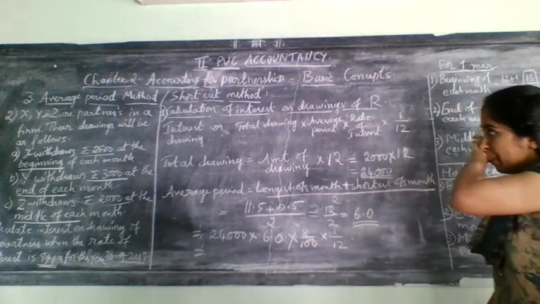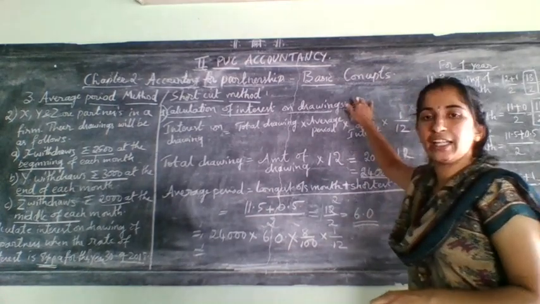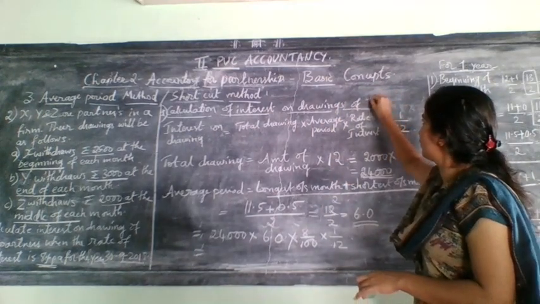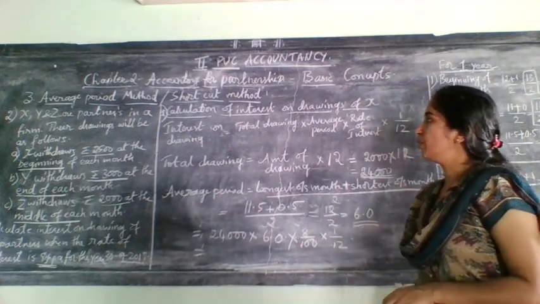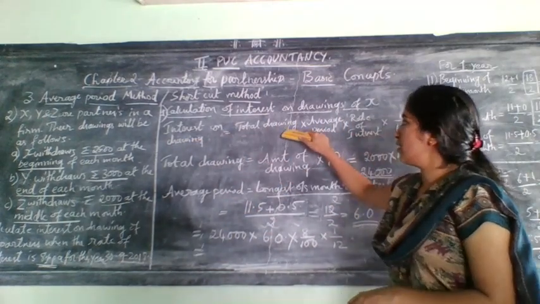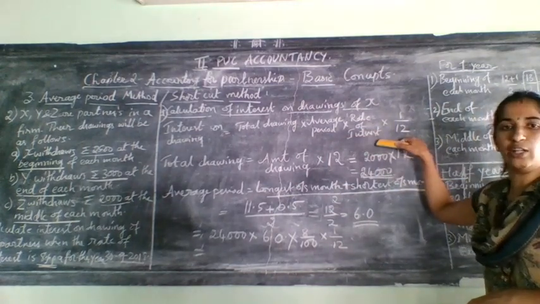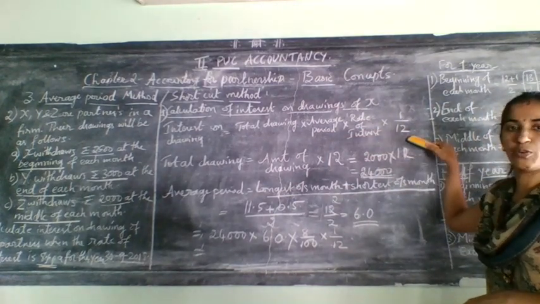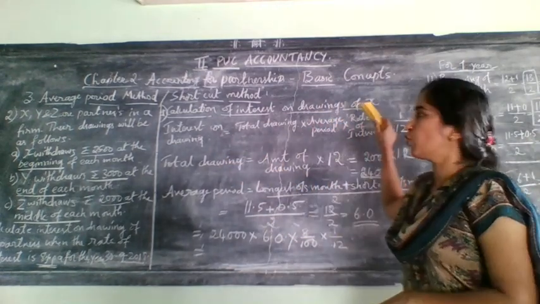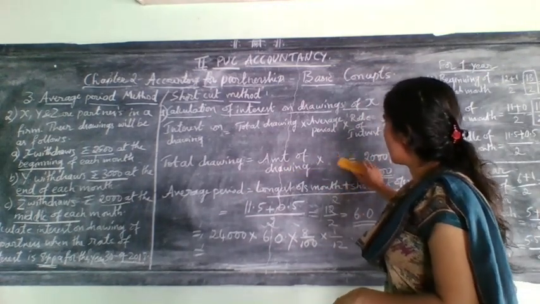Okay. Now, first step, what you need to do? You need to write here partner's name. Calculation of interest on drawing of X. Correct. After writing X, formula you need to write: interest on drawing is equal to total drawing into average period into rate of interest into 1 by 12. Now, total drawing of X. Amount of drawing into now, it is not 12.